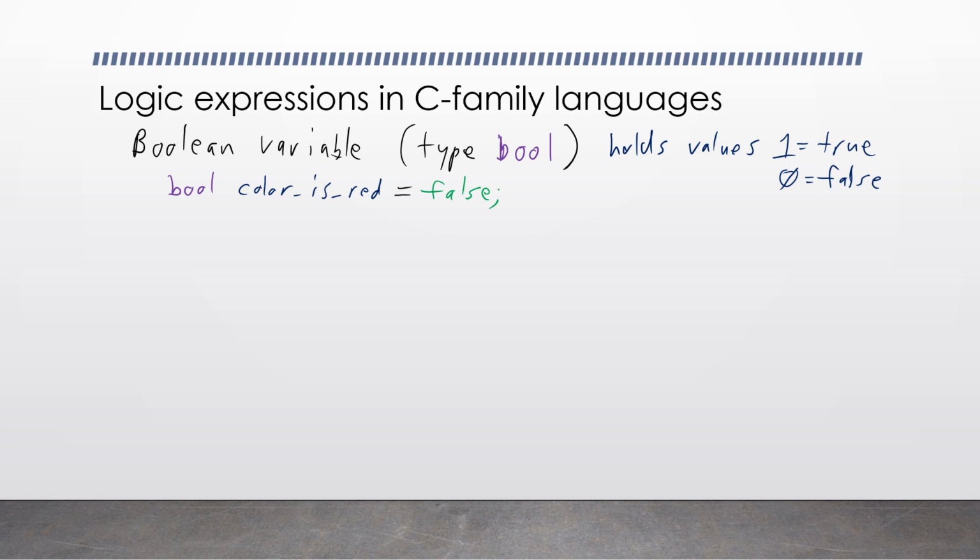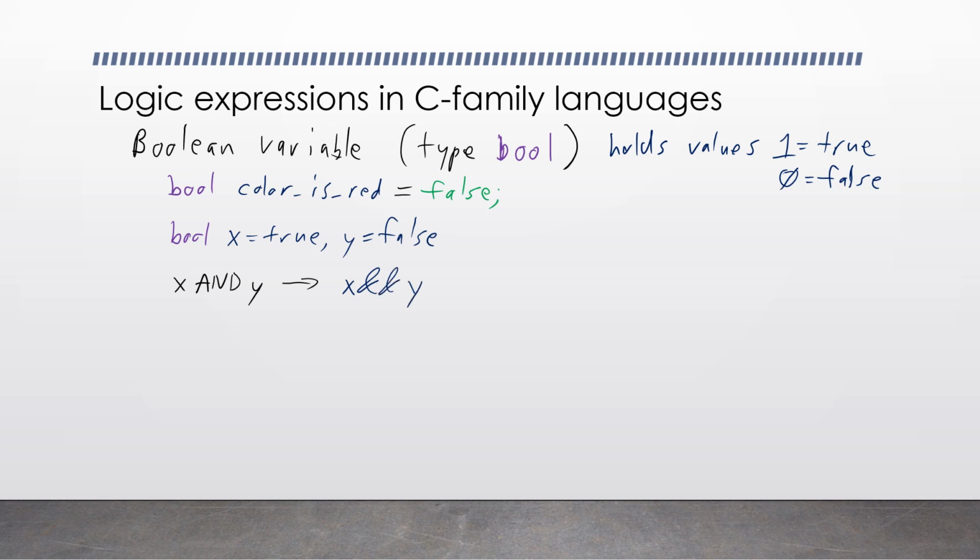But let's, for right now, go back to our x and y from the previous examples. So if we had bool x equals true, y equals false, okay, the C equivalent of the Boolean expression x and y, translate that into C, and it looks like x ampersand ampersand y.